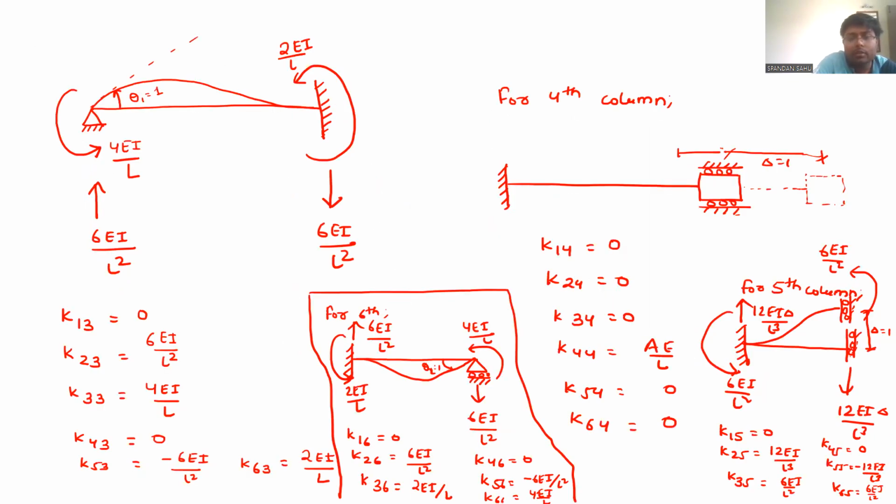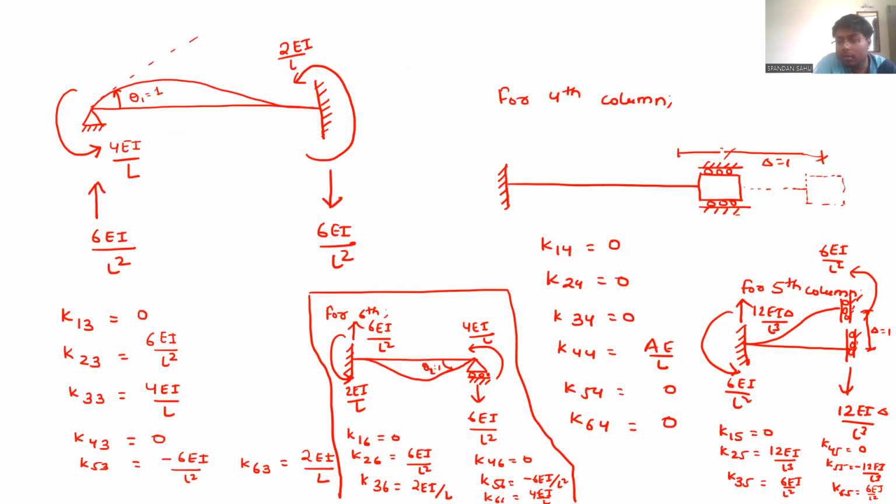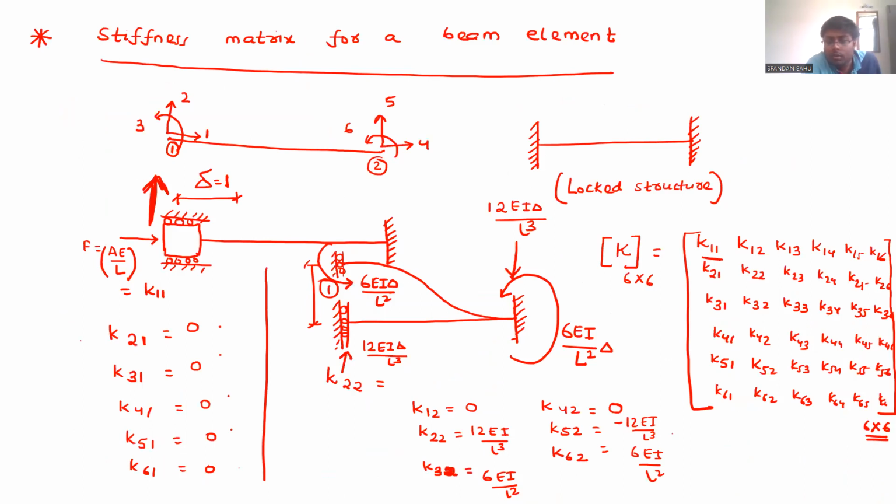K25, K52. K25 is 12EI by L cube. How come K52 is coming minus 12EI by L cube?